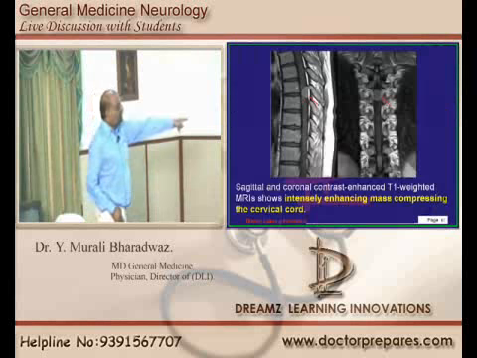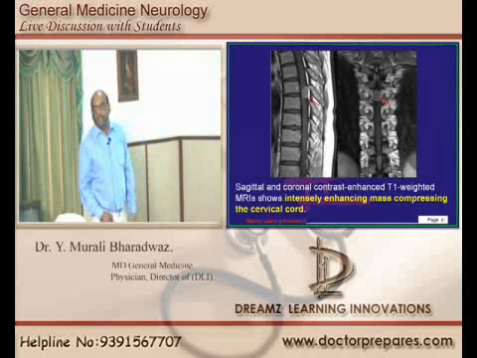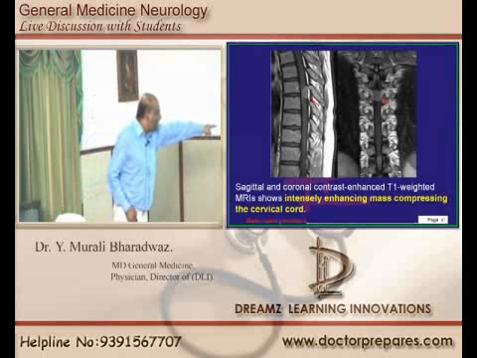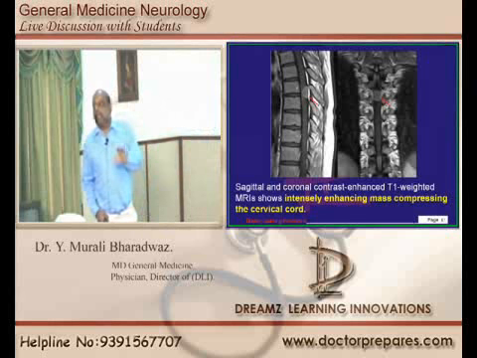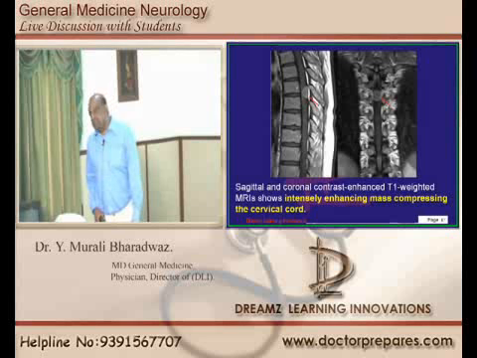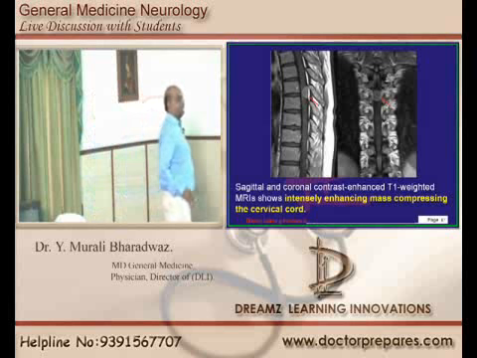So this is before giving the contrast, and this is after giving the contrast. You will be able to see that there is a contrast enhancement. So since contrast enhancement is there, are you able to appreciate, doctor? Contrast enhancement is there, so it is more likely to be meningioma rather than neurofibroma is what you will be able to finally conclude.